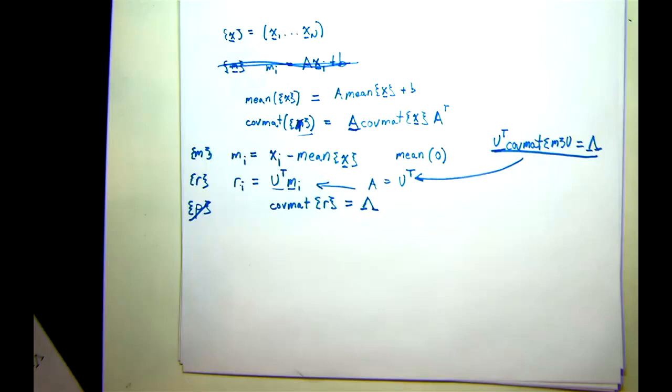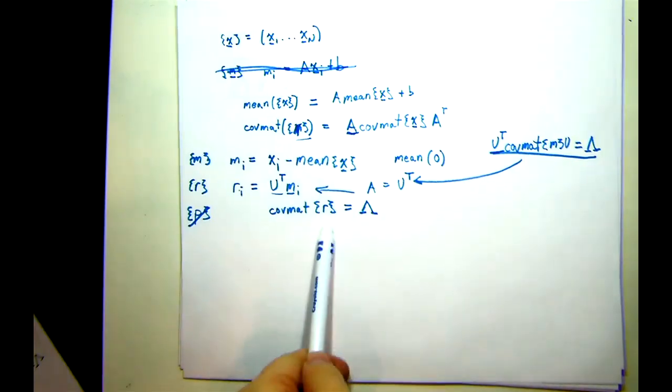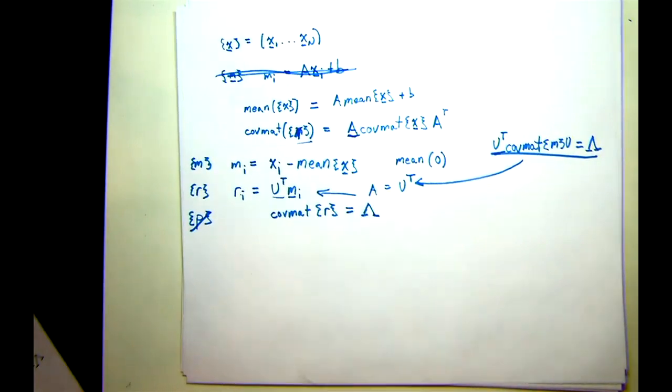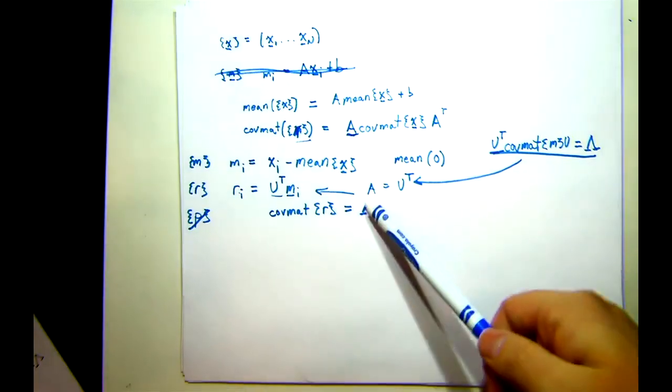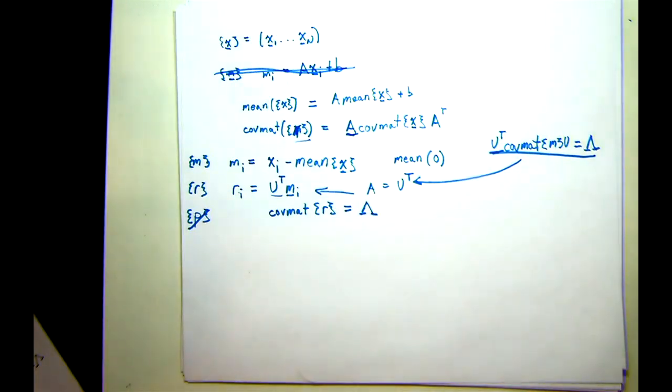Which means that if the covariance matrix of R is diagonal, that means that we have no covariance among the different components. We have some variance along any given component, but we have no actual covariance. So that's really the important thing about that transformation, is that we end up with a matrix that has no covariance.